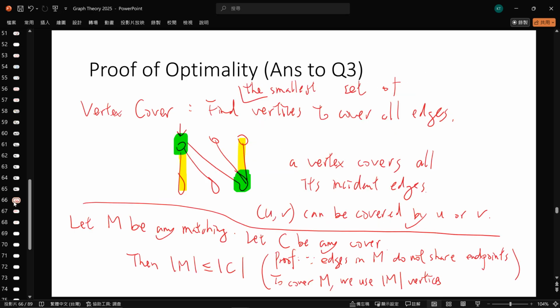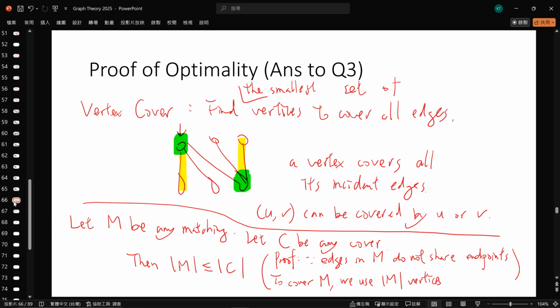Right, okay, so to answer the final question, that is, when the algorithm cannot output any augmenting path, we want to have a proof, a certificate to show that the matching we have is already the best. So the basic idea is to find an upper bound. The maximum matching problem is a maximization problem.